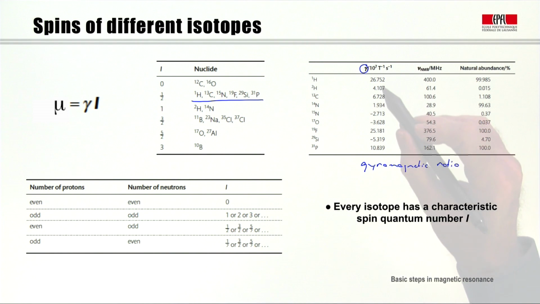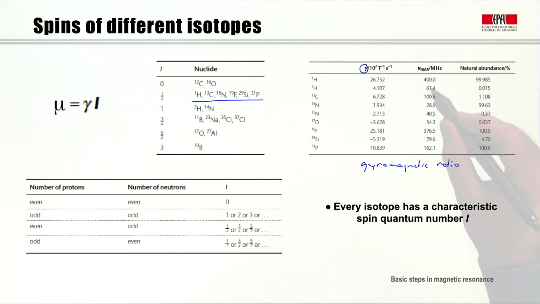That means that if you multiply with a field of 9.4 Tesla, such that the proton NMR frequency appears at 400 megahertz, then automatically the deuterium NMR frequency appears at about 61 megahertz and the carbon-13 at about 100 megahertz. You should remember that there is a factor here of about 1/4, and you might also wish to remember that there is a factor of about 1/10 between the proton and the nitrogen-15 frequency.